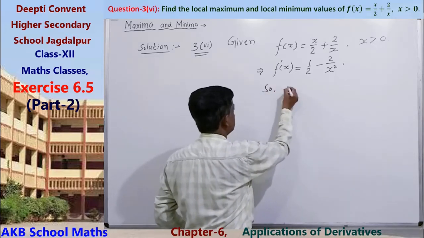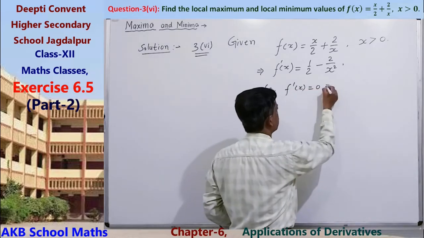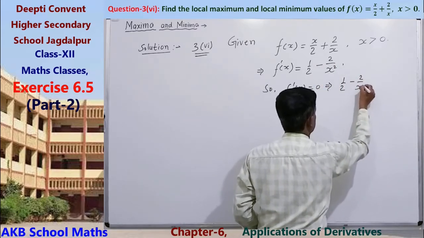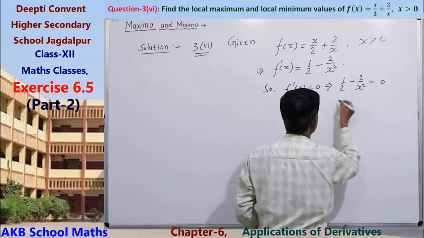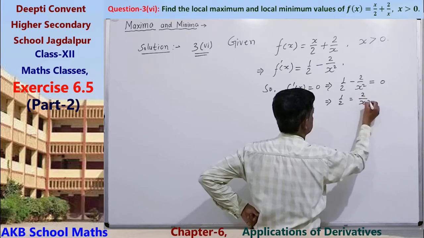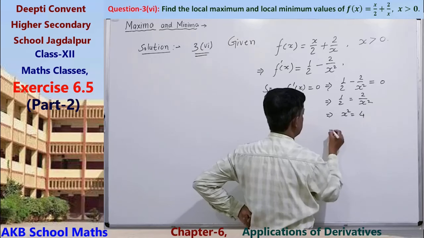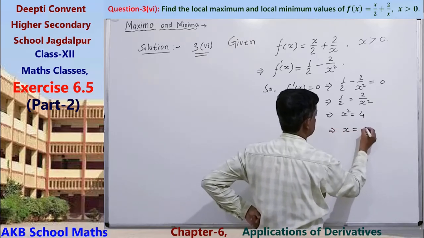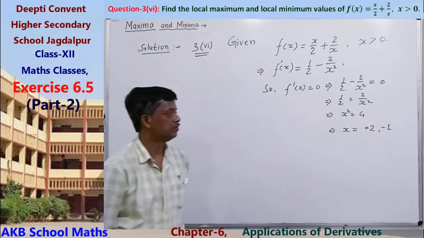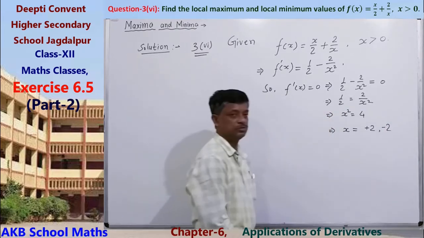Taking f dash x equals 0 for critical points, we get 1 by 2 minus 2 upon x square equals 0. Solving it, 1 by 2 equals 2 by x square, which implies x square equals 4, so x equals plus 2 or minus 2.